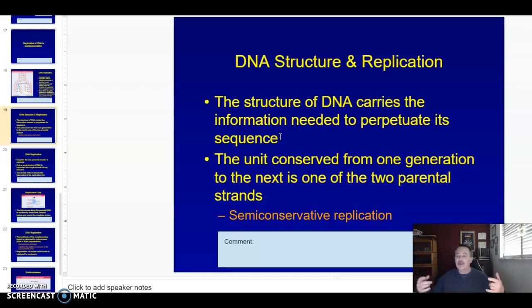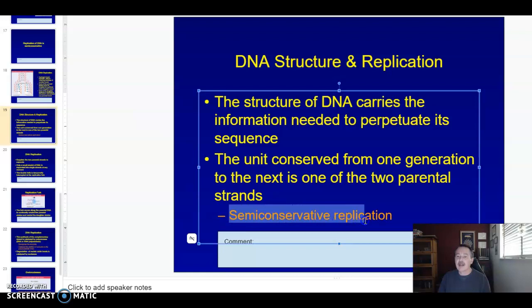So the two parental strands make sure that the two daughter strands match up and that they make a complete duplicate copy of each other. All right. So in this way, they are, again, semi-conservative in their replication.